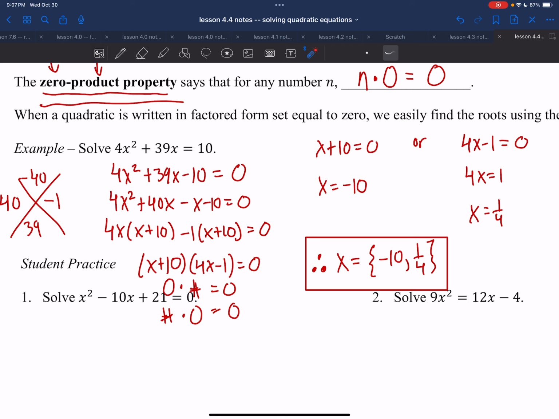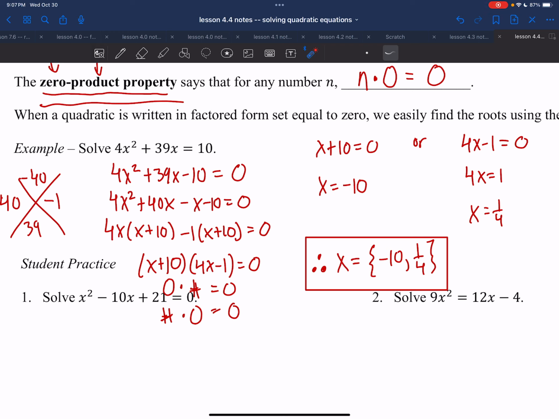Okay, I remember the second thing, and that's that you're always going to have two solutions. Quadratics are always going to yield two answers because they're of degree 2, x squared. We're going to talk about exactly what I mean by two solutions. I'm not saying two unique solutions. I'm just saying two solutions. It's possible for them to be the same solution, and then we're going to see that.